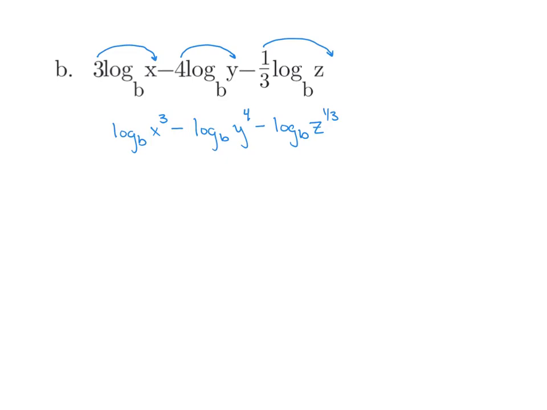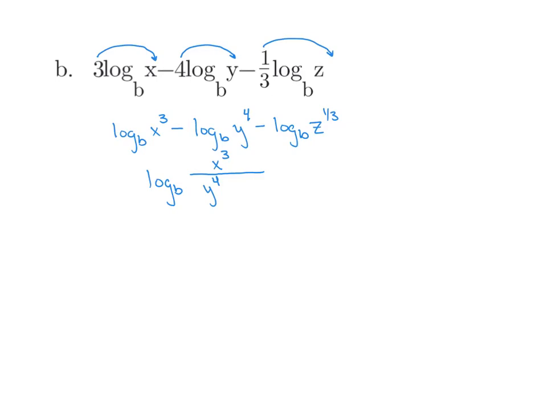All right, when we combine into a single logarithm now, we get log base b, x cubed is positive, it will go on top. We have minus log base b of y to the fourth, so our y to the fourth will go on bottom. We have minus log base b of z to the 1/3.